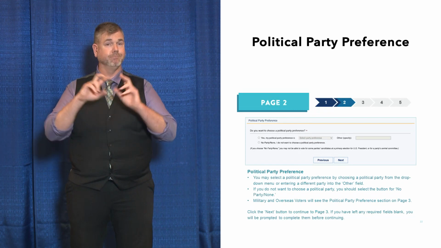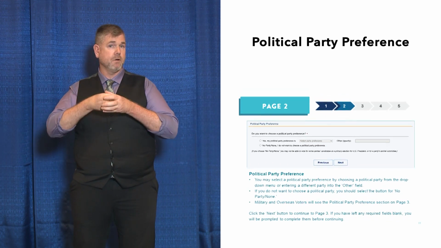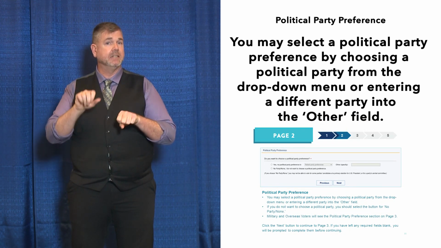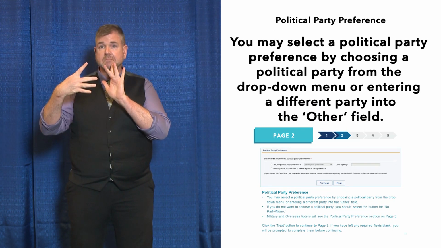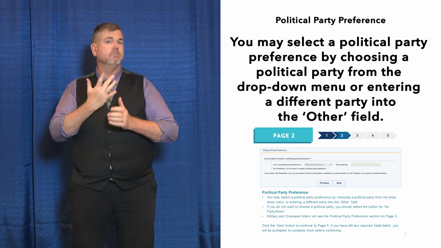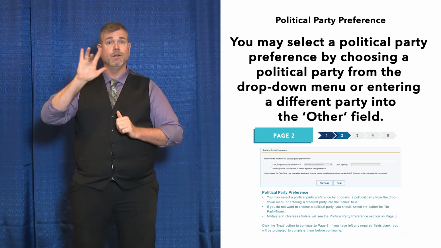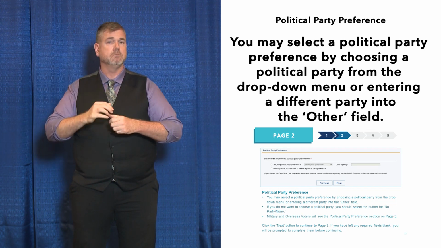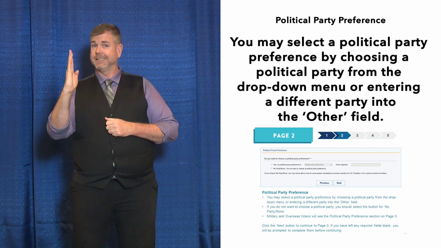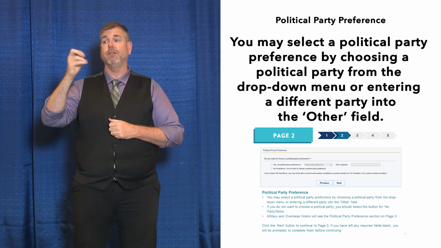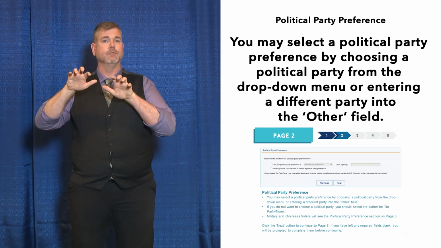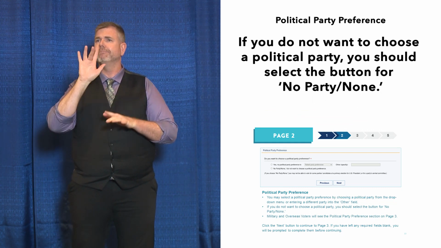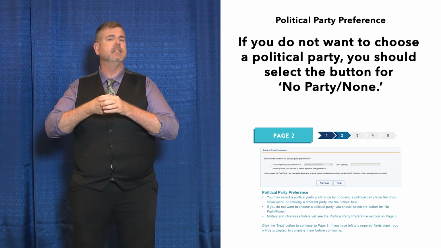Political party preference. You may select a political party preference by choosing a political party from the drop-down menu or entering a different party into the Other field. If you do not want to choose a political party, you should select the button for No Party/None.